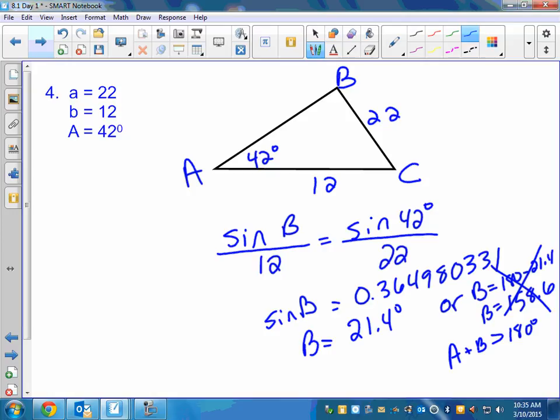So you just need to solve for angle C and side C now, right? I've got to solve for angle C first. Do you agree with that? Because I can just subtract from 180. 180 minus 21.4 minus 42 gives me 116.6.